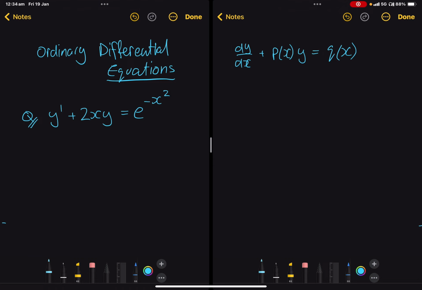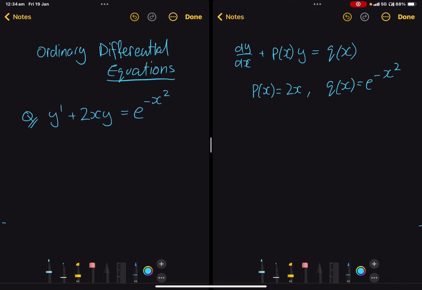In our question we have p of x is 2x and q of x is e to the minus x squared. So we have a p of x defined and a q of x defined.